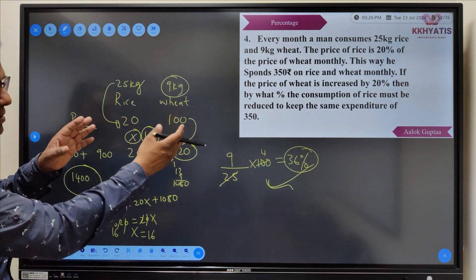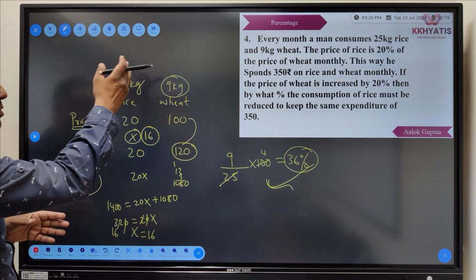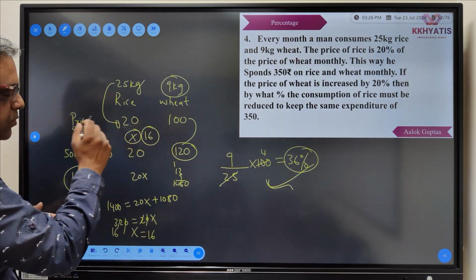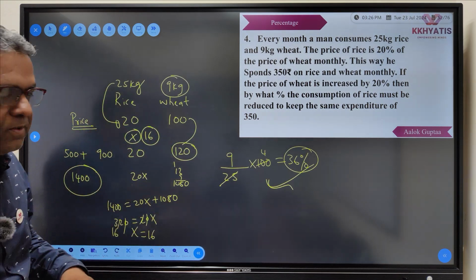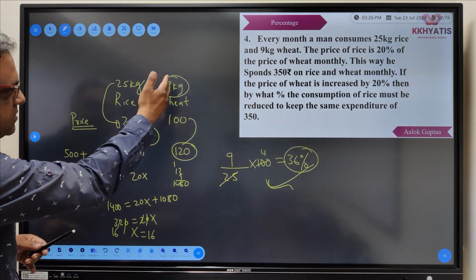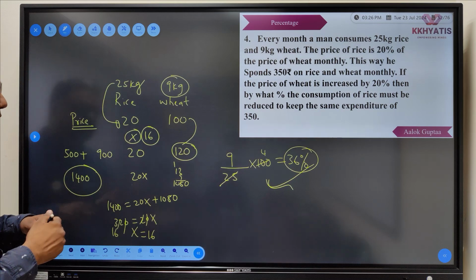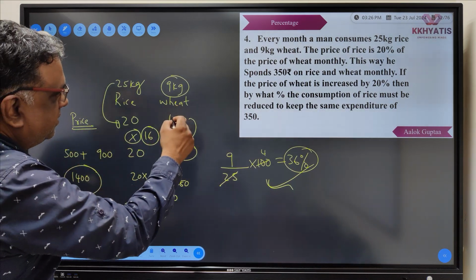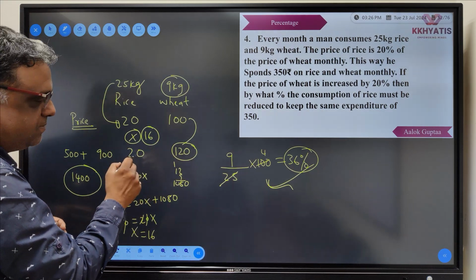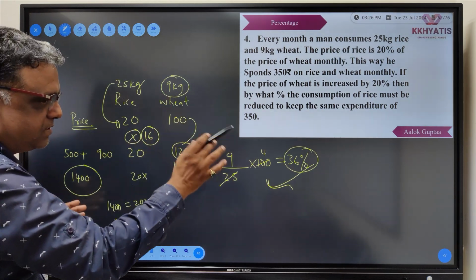There was rice and wheat. 9 kg of wheat was consumed. 25 kgs of rice was consumed earlier. The price, if it is 100 for wheat, was 20 for rice because the price of rice is 20% of wheat. So total expenditure was 25 into 20, 500, plus 9 into 100, 900, which is 1400. In the new case, the price increased by 20, which means 100 plus 20, 120. The rice price remains the same. The consumption of wheat is the same.